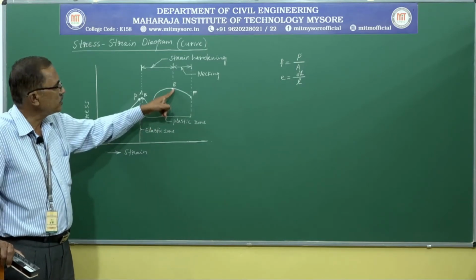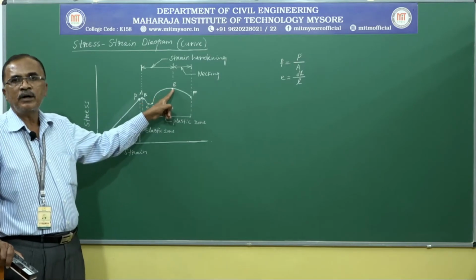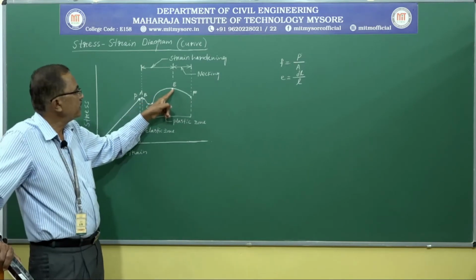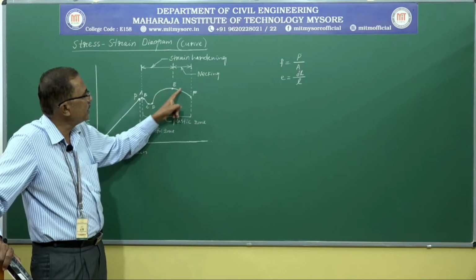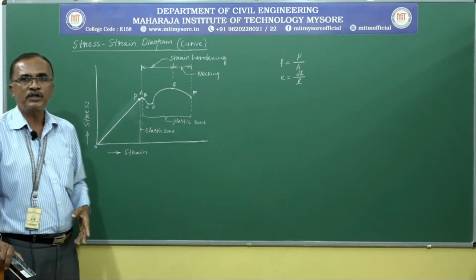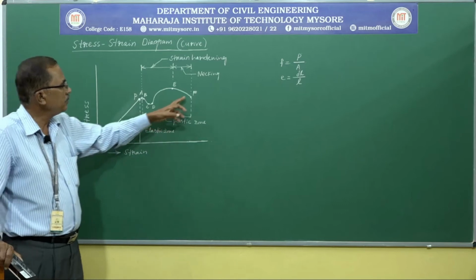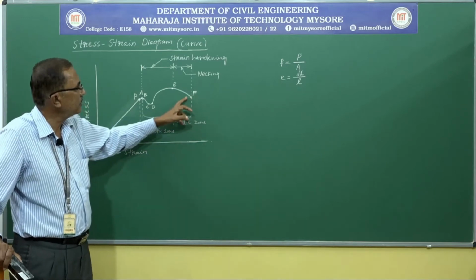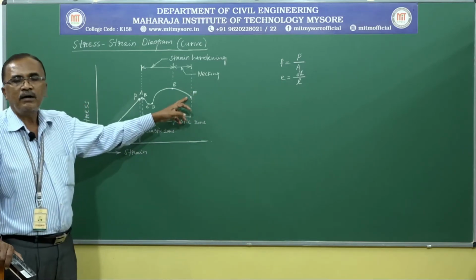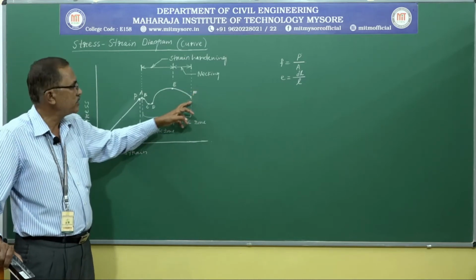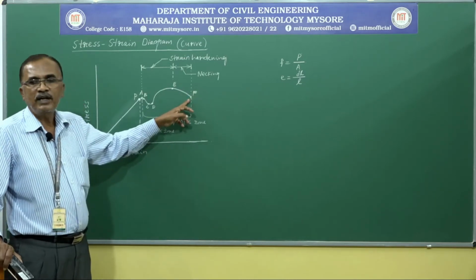Point E is known as the ultimate point or maximum point, and the stress corresponding to point E is known as ultimate stress or maximum stress. Lastly, point F represents the breaking point, and the stress corresponding to this is called breaking stress or failure stress.